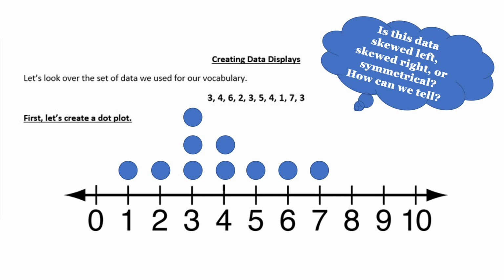But when you look, there's still 5 over here. There's 1, 2, 3, 4, 5, 6, and there are 1, 2, 3, 4, 5 numbers here, and 1, 2, 3, 4, 5 numbers here. So our median was 3.5, and it's even on both sides, and it looks even with our dots. So I would call this a symmetrical data distribution.